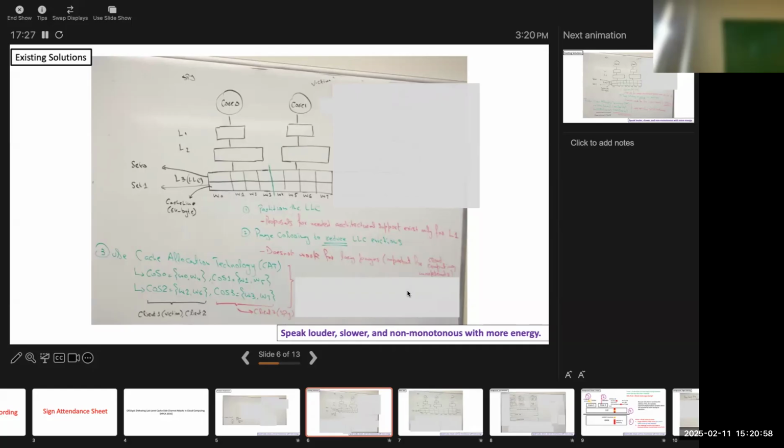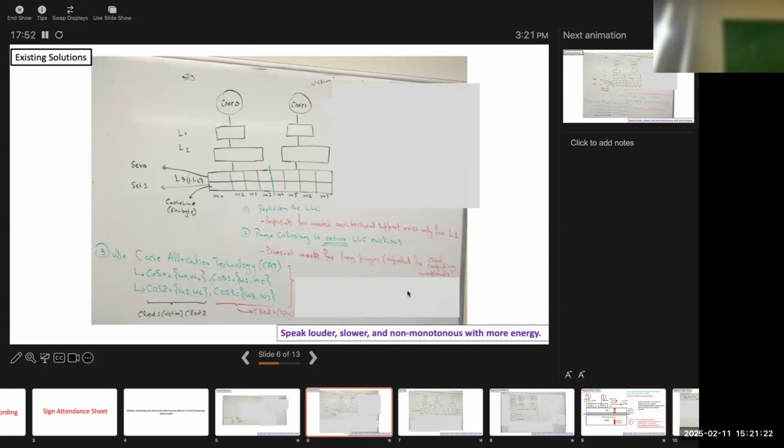What you do is you assign different ways to different classes of service. Let's say you have class of service 0. If you have multiple processes running, you put them into different classes: class of service 0, class of service 1, class of service 2, and so on.